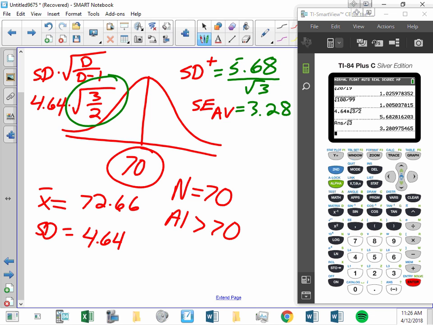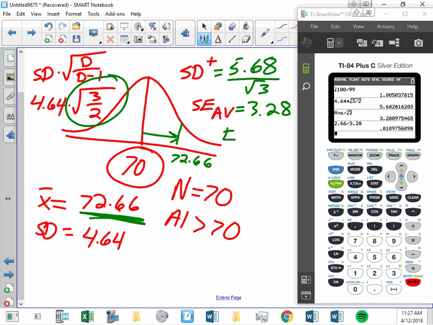Now what do I do? Now I need to create a t-score. So this is right here, 72.66. What's the distance? 2.66. So I take 2.66 and I divide it by 3.28, and I get a t-score of 0.81.